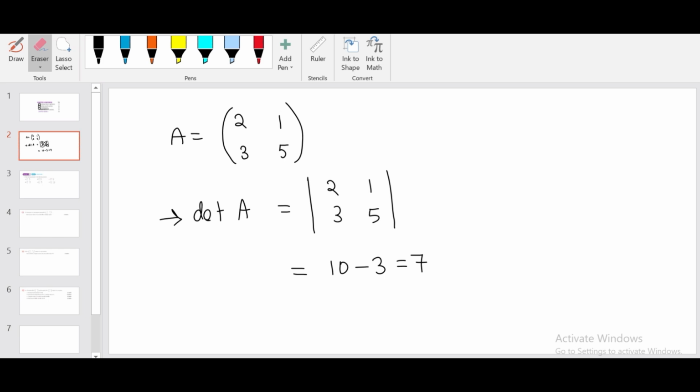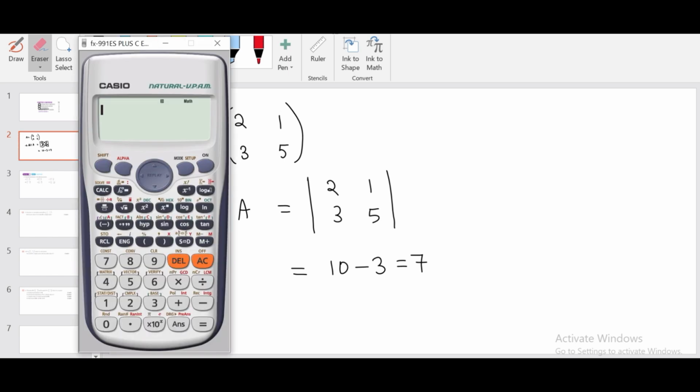Now you can find the value using your calculator also. So I'm going to use my calculator just to verify this. First, I'm using 991 ES plus. If you have the calculator, go to mode, number 6 matrix, matrix A. The size of the matrix is 2 by 2.